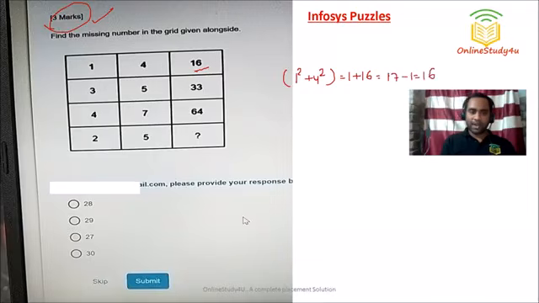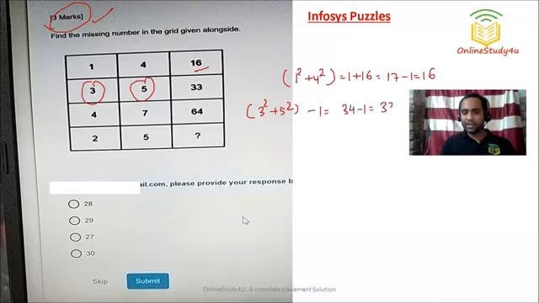Okay, so I'm going to make a square of this, 3 square plus 5 square, and then subtract 1. So 34 minus 1 will be 33. Done. Then 4 square plus 7 square, and then subtract 1 from this. So 16 plus 49 will be nothing but 65, minus 1 will be 64.